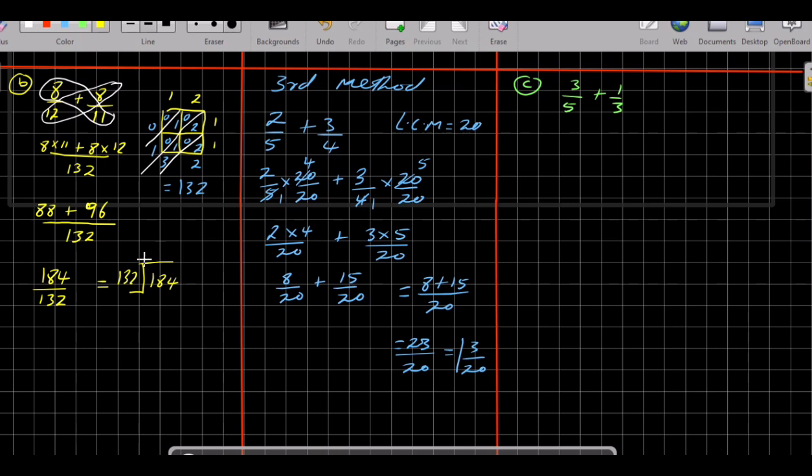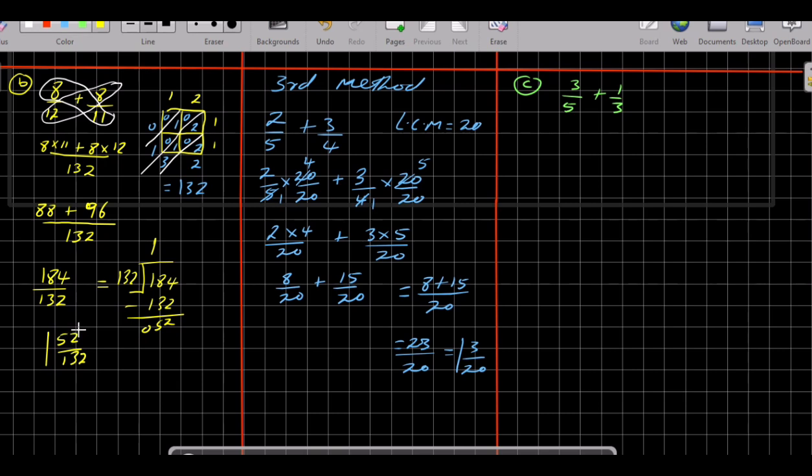How many times can 132 go in 184? Just one time. So we subtract. This will give me 2. This will give me 5. And this is 0. So I'm having 52. That is one whole number 52 over 132.